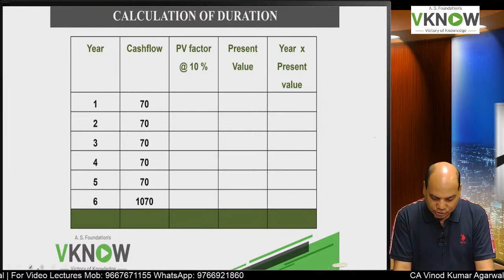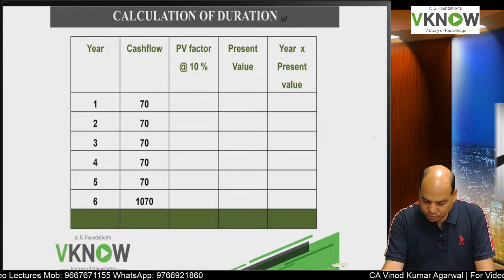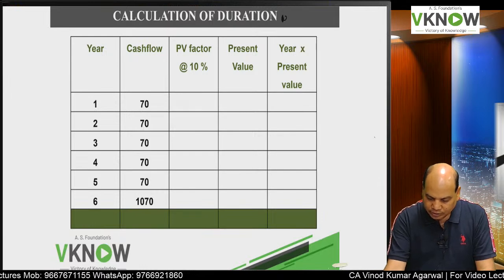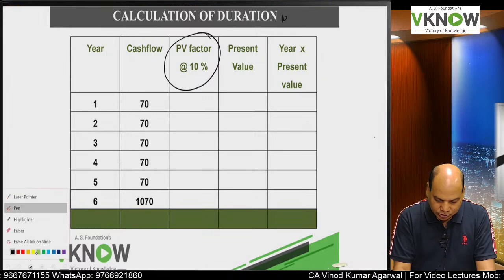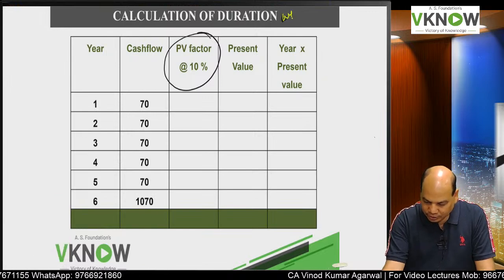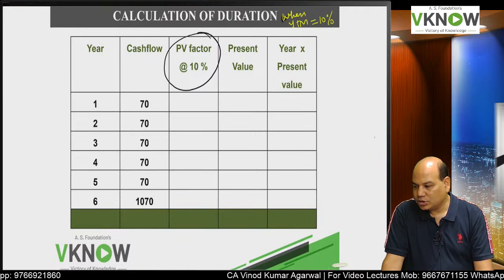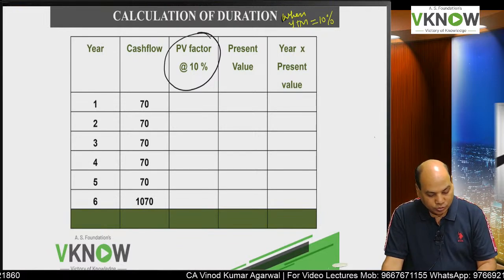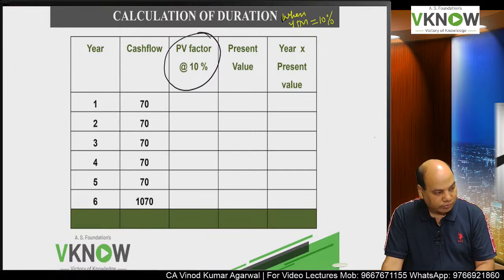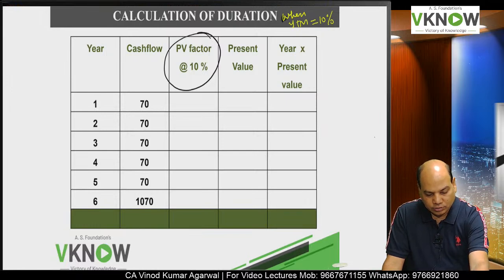So write down calculation of duration when YTM is 10%. Calculation of duration when YTM is 10% according to the second question, and then you have to explain why the duration has gone down.